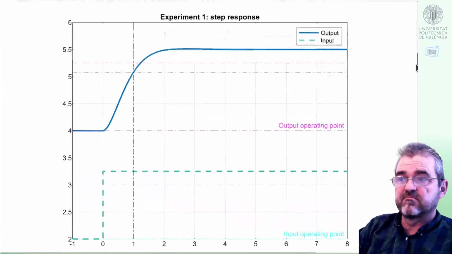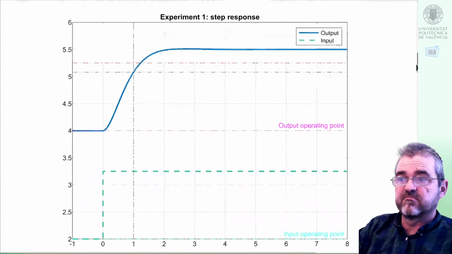Indeed, the experimentally measured increment of output was 1.08, so if I divide by the experimental step amplitude, I get that if the step had been 1, the increment in 1 second would have been 0.86. As I wish 1.25 increment, then dividing this number by this number gets me 1.45 as the input needed to climb up to this value in 1 second.